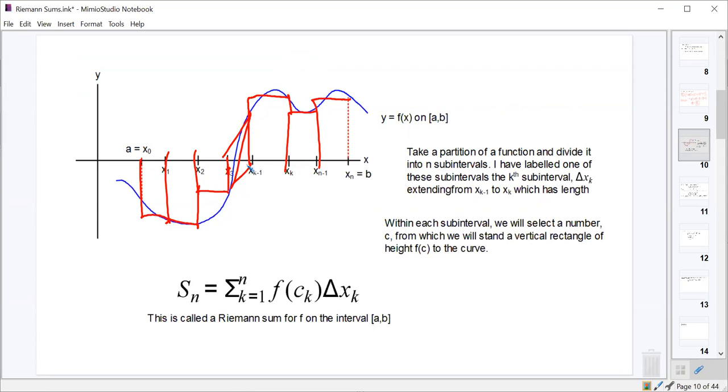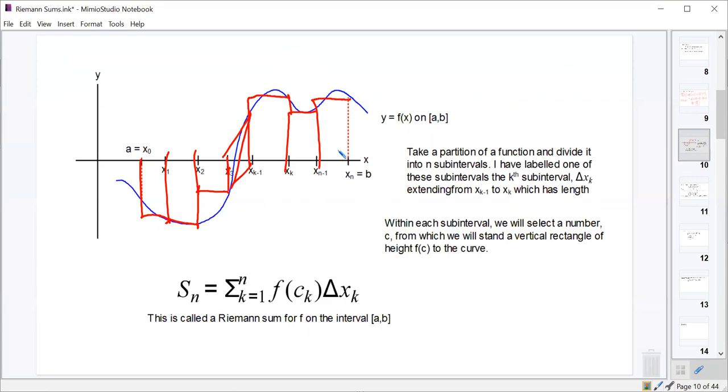So if we take the kth subinterval, call it the largest subinterval, and shrink all of them down so that the subinterval becomes very, very close to 0, and then evaluate the limit as the largest subinterval approaches 0, that tells us all of the other subintervals are also approaching a length of 0. And if we evaluate that limit, it should give us an exact area underneath the curve.